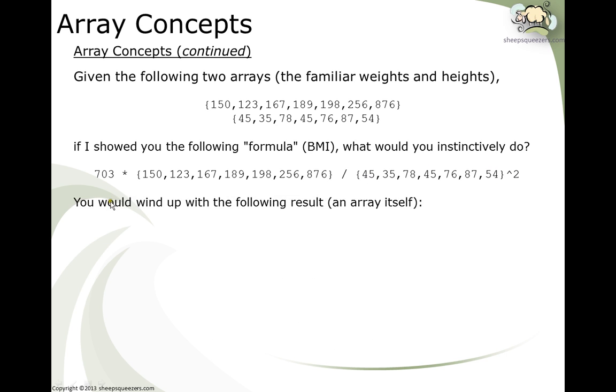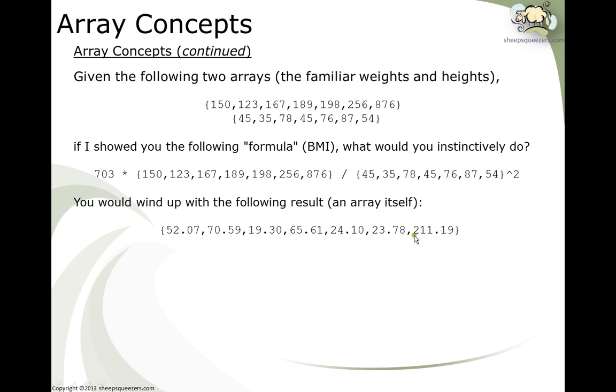Well, you would do 703 times 150 divided by 45 squared, and the result is 52.07. Next, you would do element number 2 in each one, 703 times 123 divided by 35 squared, and you would write down 70.59, all the way up to 703 times 876 divided by 54 squared, which is 211.19 as a body mass index.